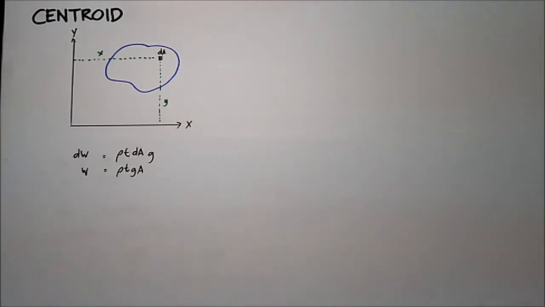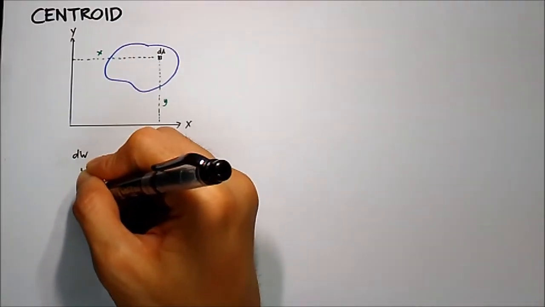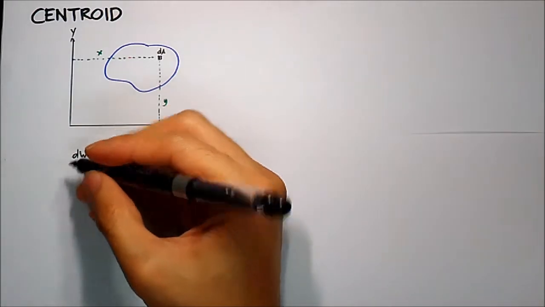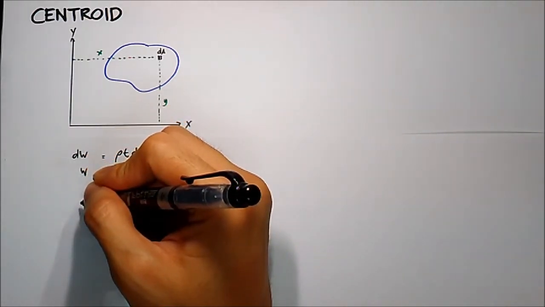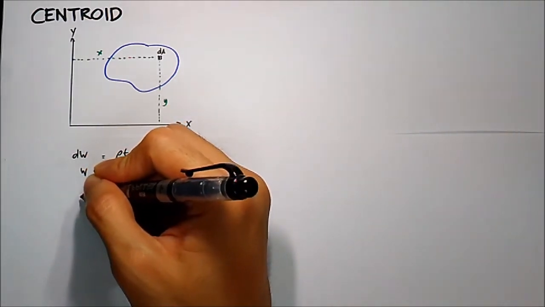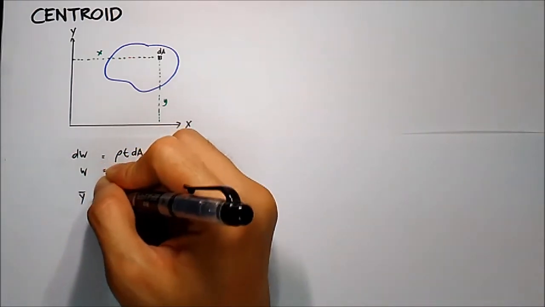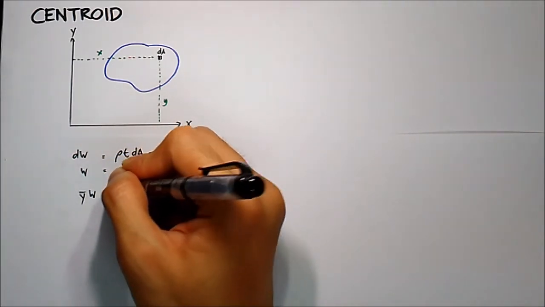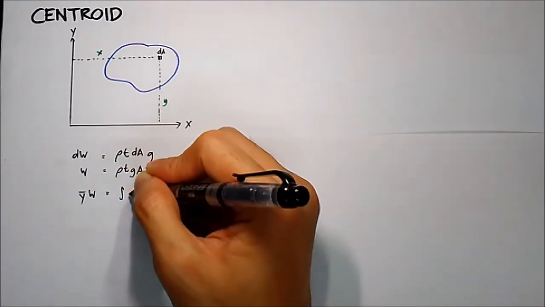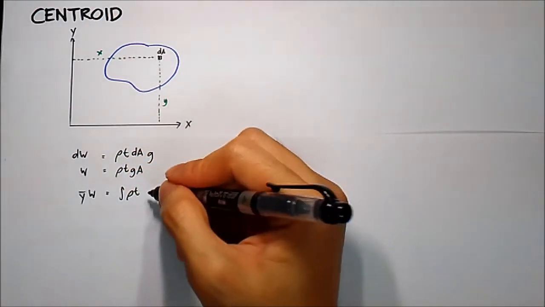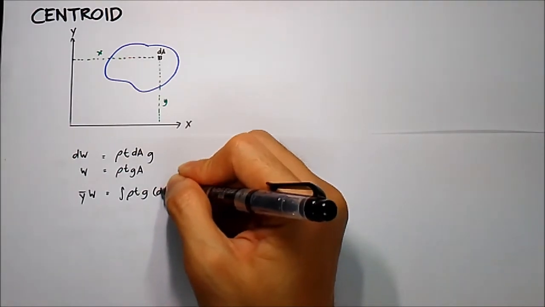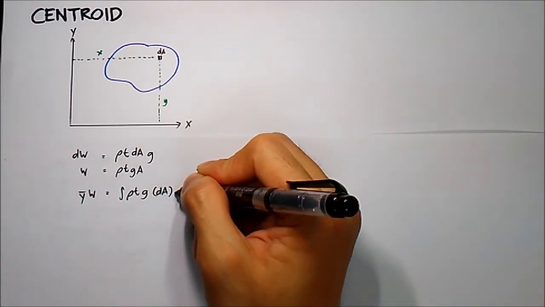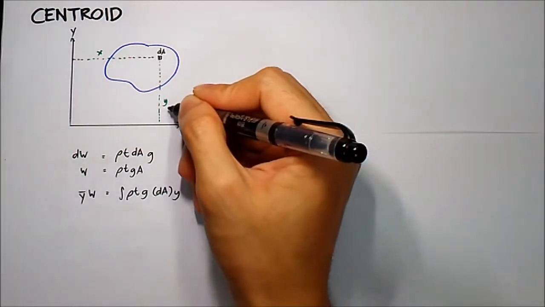By the principle of moment, the y-ordinate of the location of the center of gravity is determined as the location of the center of gravity with reference to the x-axis, which is y bar, times the weight, which is equal to the density times thickness times the gravity times the differential area times the y.